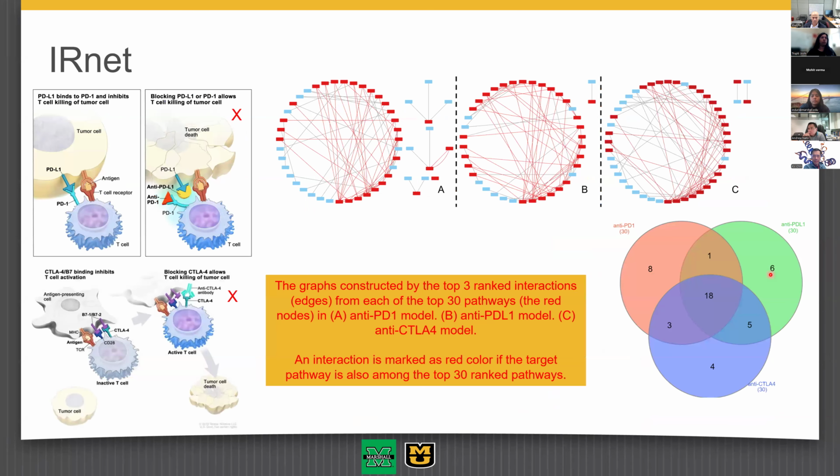Again, immunotherapy response is based on the PDL1, PD1, and then the CTLA4 status for that patient, which is something that is regularly checked. And you can see that the pathway connectivities for PD1, PDL1, CTLA4 actually look different, and how their status in all of those three would impact whether they would respond to an immunotherapy drug or not.